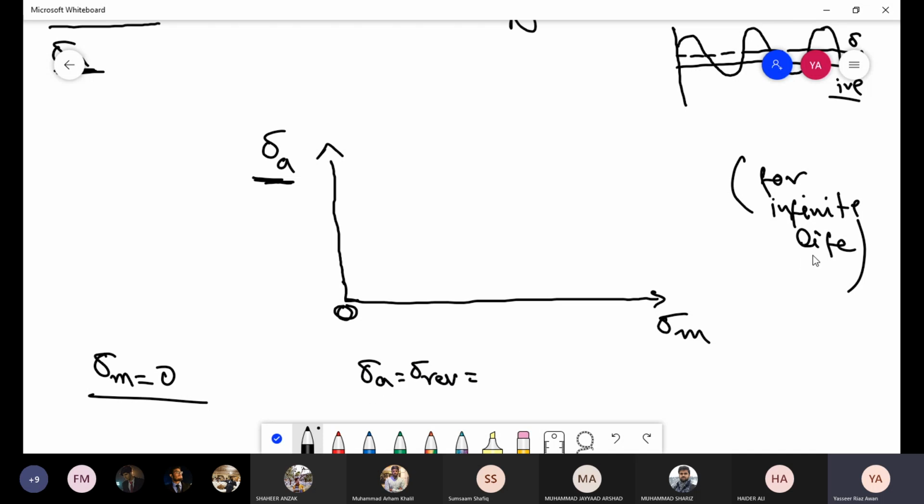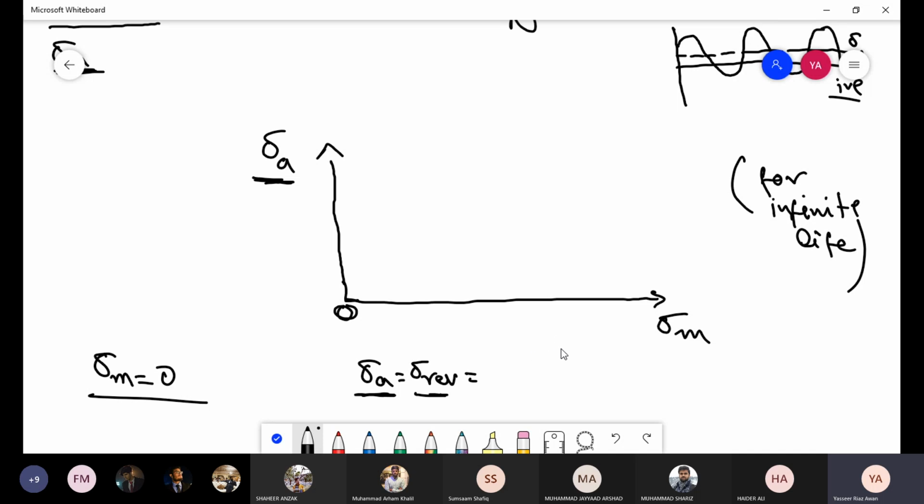So for infinite life, what is the limit for sigma a? For infinite life, what is the limit for this stress for any material? How high could this stress be in terms of strength?